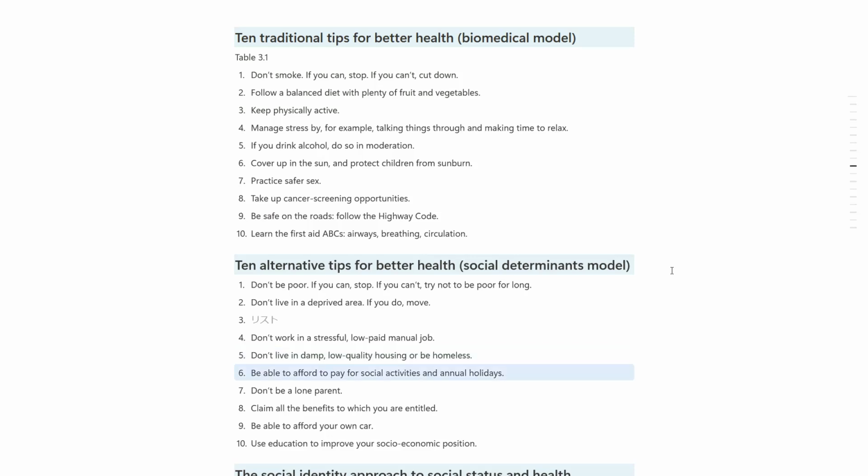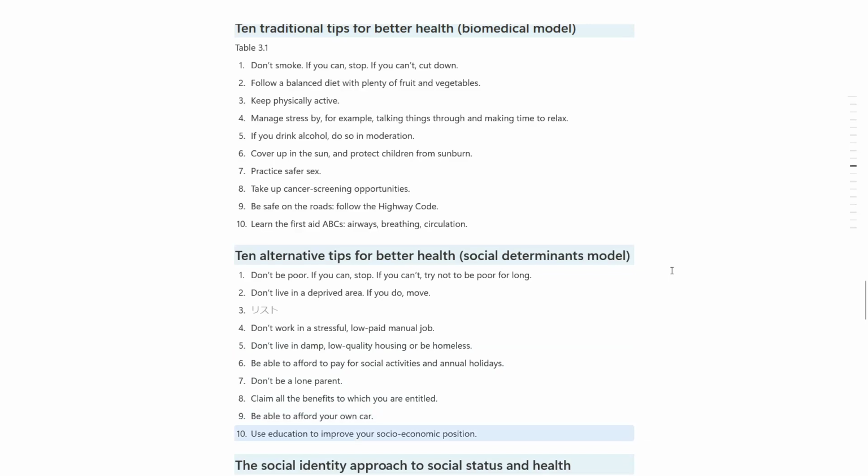Six, be able to afford to pay for social activities and annual holidays. Seven, don't be a lone parent. Eight, claim all the benefits to which you are entitled. Nine, be able to afford your own care. Ten, use education to improve your socioeconomic position.